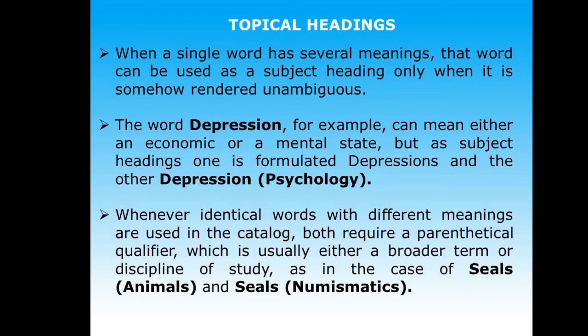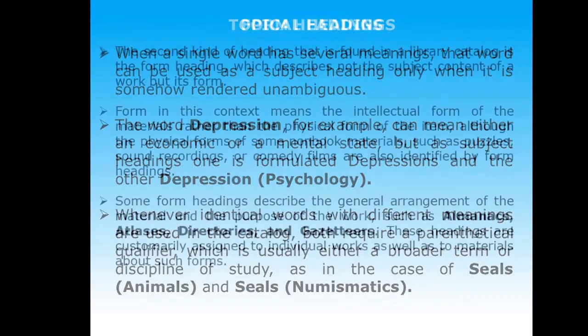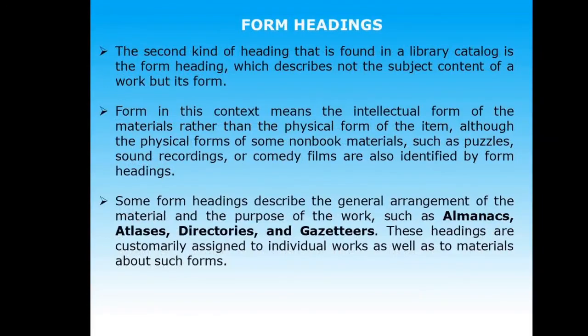That means we are controlling the vocabulary to the context in which it is used. In the case of seals, the parenthesis indicates that in this context it represents animals. For Python you can use parenthesis, which is nothing but brackets where you say what it is used for. So Python, only for programming, is the context I am using, and that is how you are controlling the vocabulary.